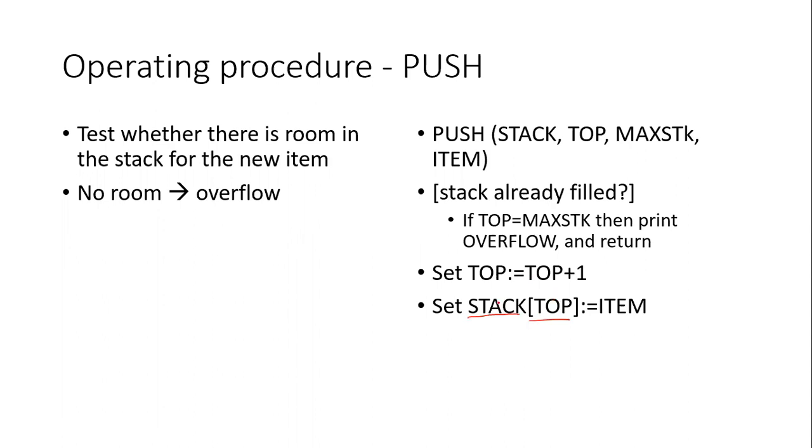This is basically an array, and each element of the array is pointed to by the top. When you say stack of top, stack is nothing but the name of the array. So we use the top pointer to store the value. The new item, whatever is there, will be loaded onto stack of top. Finally, we can return from the program. So that's how the push operation is implemented.